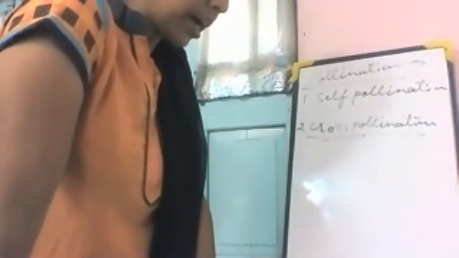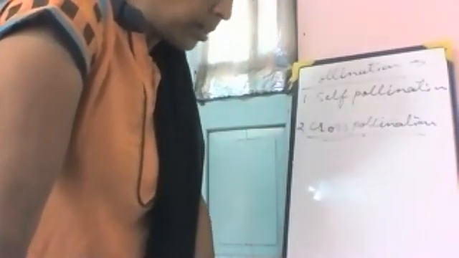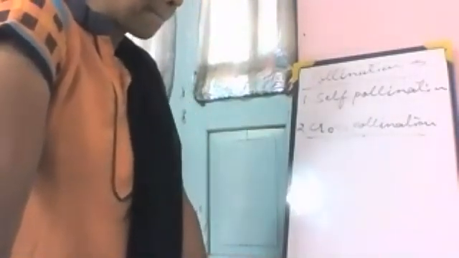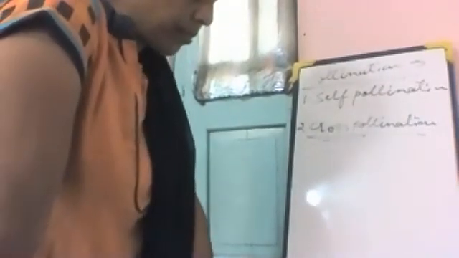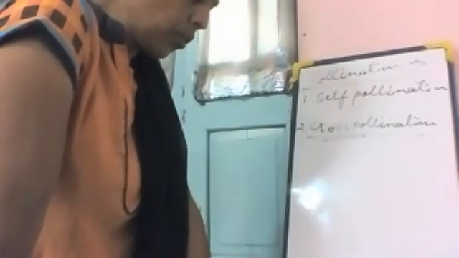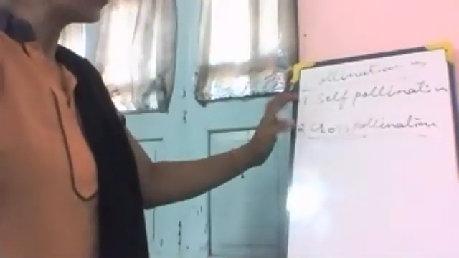When pollen grains are transferred from the anther of a flower of one plant to the stigma of a flower of another plant of the same kind, it is called cross-pollination. Examples of cross-pollination are sunflower and rose. There are two types of pollination.